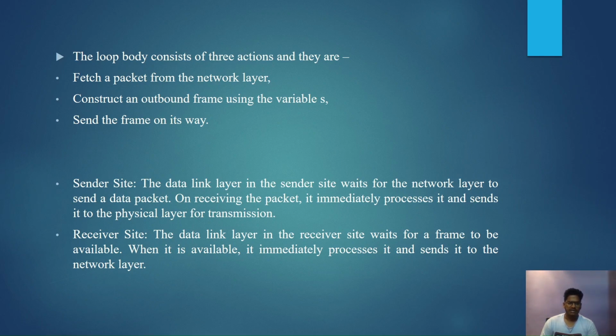So at the sender side, the data link layer waits for the network layer to send a data packet. On receiving the packet, it immediately processes it and sends it to the physical layer for transmission. At the receiver side, the data link layer waits for a frame to be available. When it is available, it immediately processes it and sends it to the network layer.